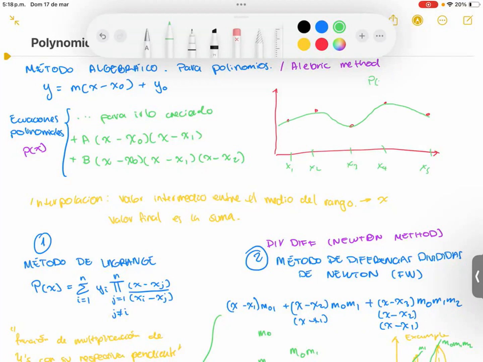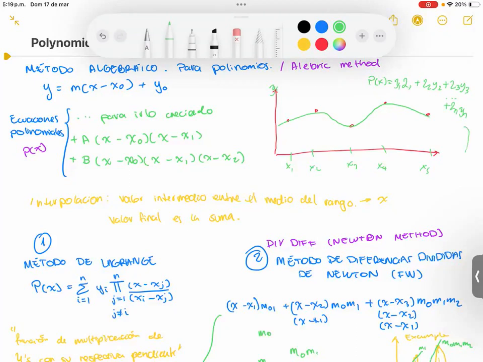Very simple. What Lagrange, this mathematician, mentioned is: what if you create a function that is a sum of the Lagrangian 1 multiplied by y1, plus Lagrangian 2 multiplied by y2, plus Lagrangian 3 multiplied by y3, all the way to the sum of Lagrangian n multiplied by yn.